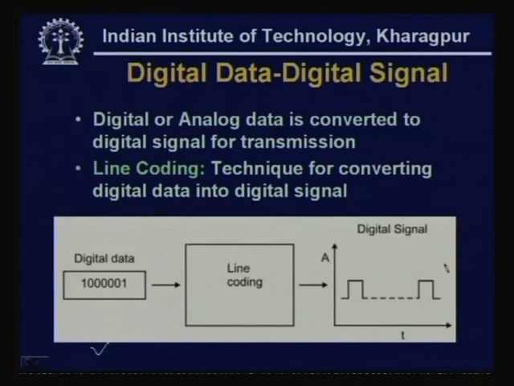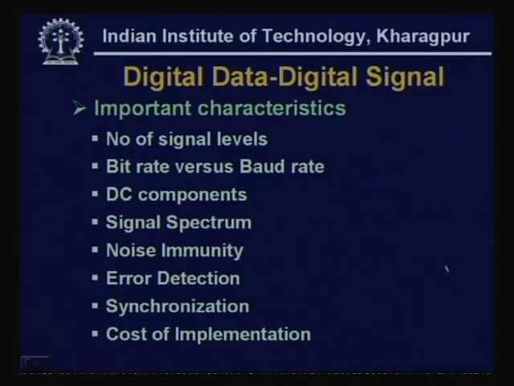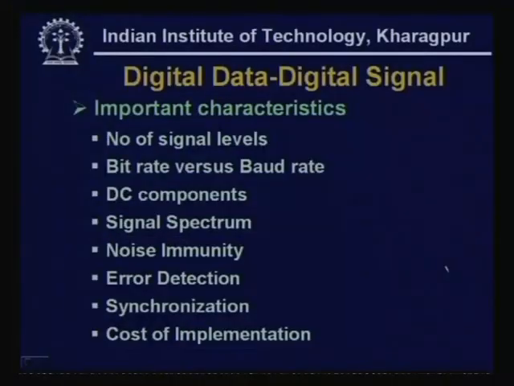So, line coding is the technique that we shall discuss today, and what are the important characteristics that we have to consider for line coding? Here are some of the important ones. The first one is the number of signal levels. As we do the encoding, the number of signal levels can remain 2, because it is binary data and can be coded with 2 levels, or you can do multi-level encoding.